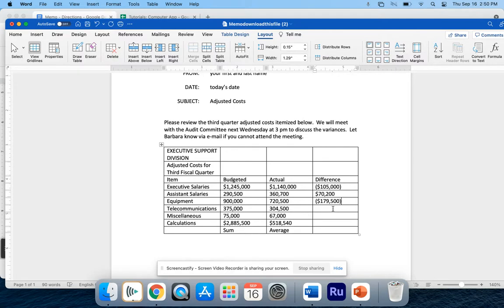Now, like I said, the rest of these are going to be negative numbers. Okay? So let's go down to the next one right here. So we have to take 304,500 right here and subtract $375,000. So now we've got to figure out what cells they belong to. Okay, I'm going to give you a minute to think about it.